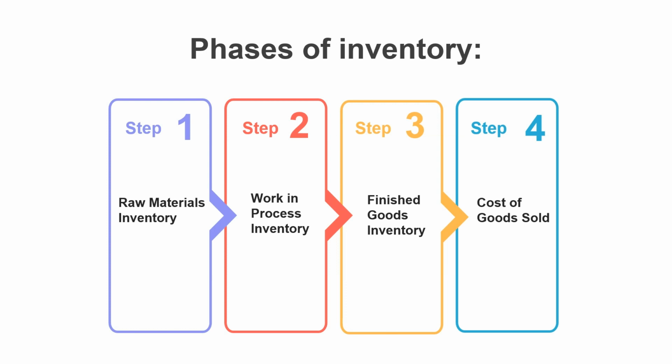Now, in work in process inventory, you're going to have all of the cost of the materials that are being used to make the sofa as it's in the manufacturing process. But at this point in time, you also start to incur the cost of direct labor, the cost of the employee who's actually doing the assembly.